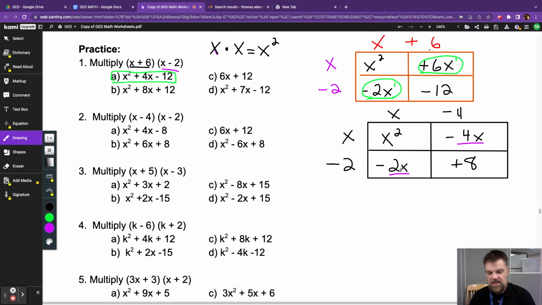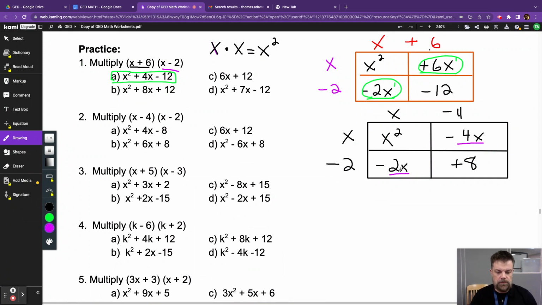So grab this handy dandy calculator. Well, actually, let me show you how to. Well, no. What's negative 2 minus 4?